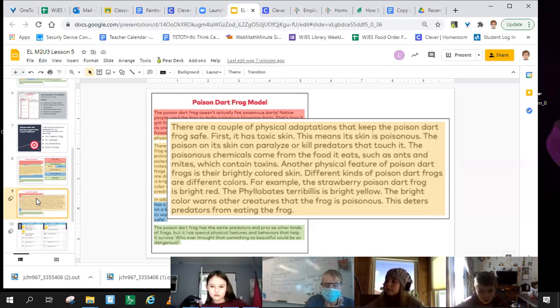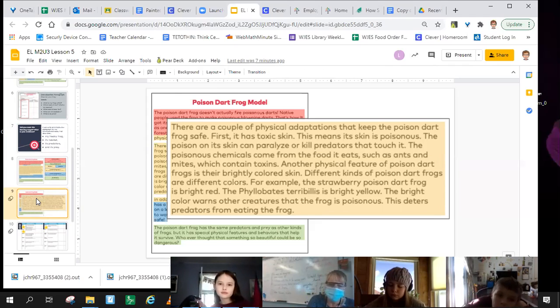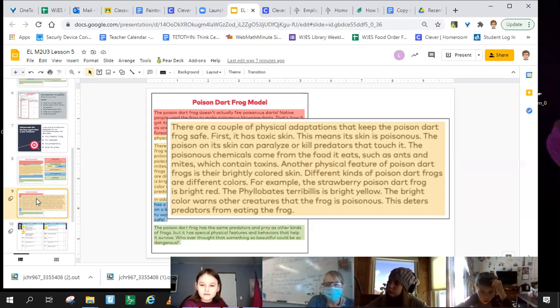What, Noah? That they have to do? No, they're not doing them. Physical adaptations aren't doing, Abby? They're ways that their body is, right? Their body parts that make them different a little bit and that help them survive.